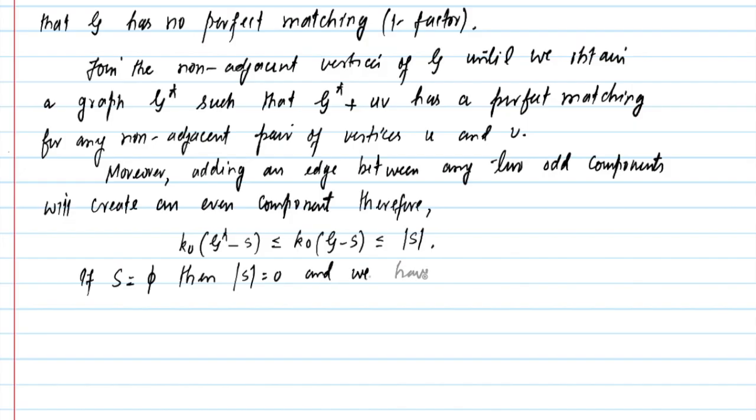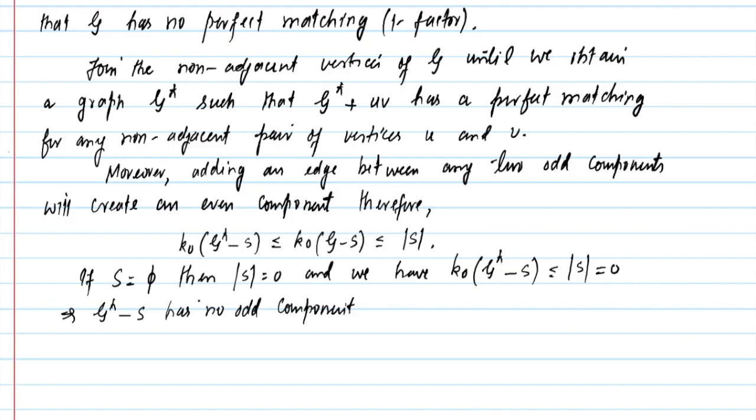So now if this S is equal to phi, then the order of S is equal to 0, and we have the number of odd components in G star minus S less than or equal to the order of S, so this is equal to 0. So this means that G star minus S, while S is equal to phi, has no odd component. So this means G star has no odd component.